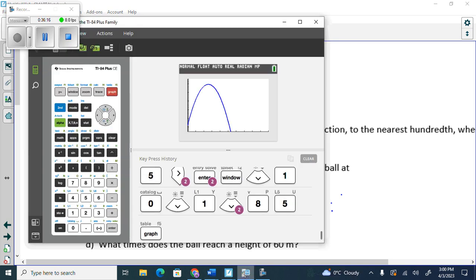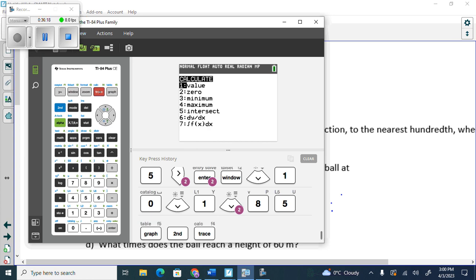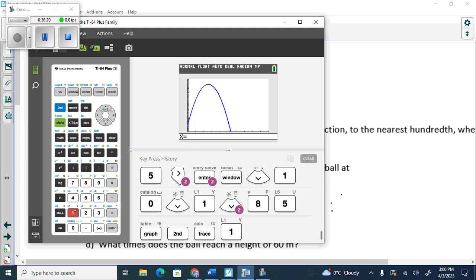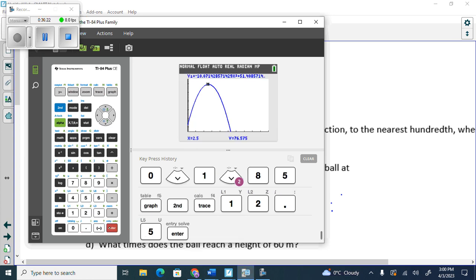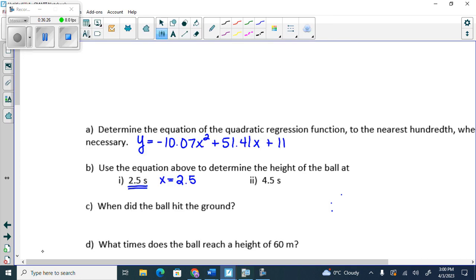Well, I go second, trace, value. That's when x equals. So I go 2.5, and I get 76.575. So I'm going to say 77. You couldn't get in trouble for rounding wrong because I didn't give you any rounding rules, right? Yep. So 77 meters.